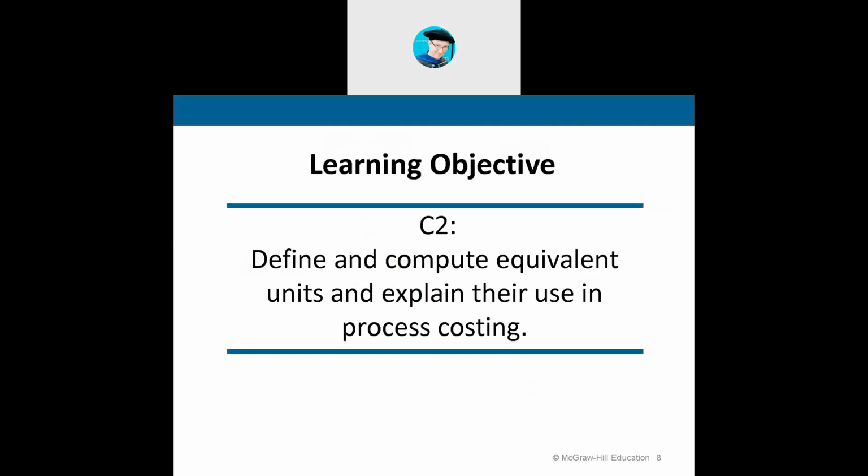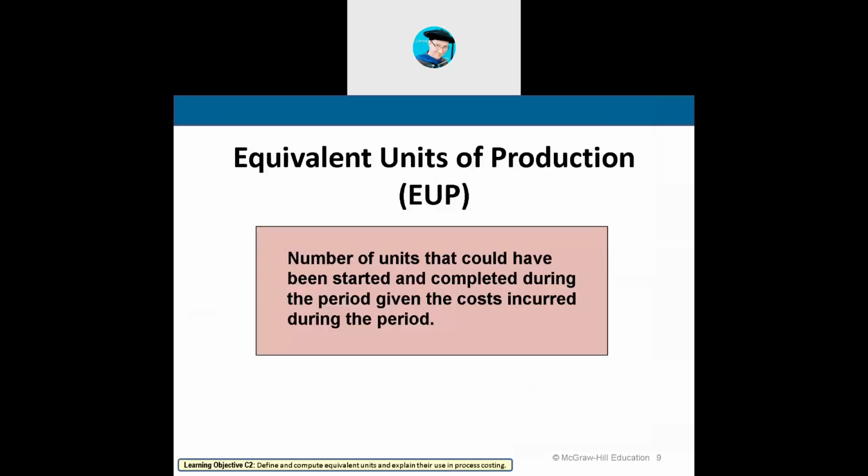So we're going to talk about this concept called equivalent units of production and how we use this in process costing. Equivalent units of production is the number of units that could have been started and completed during the accounting period, given the costs incurred during the period.